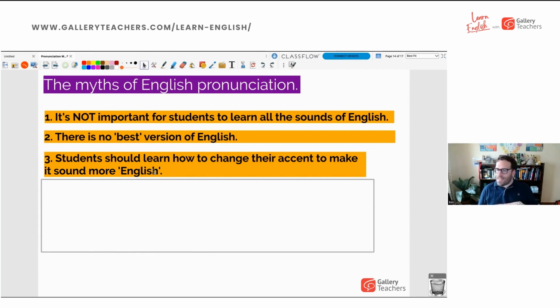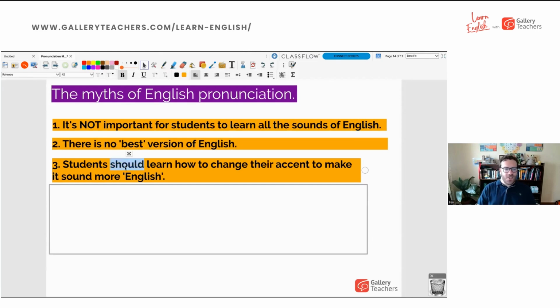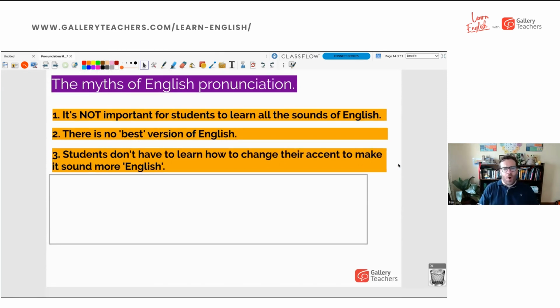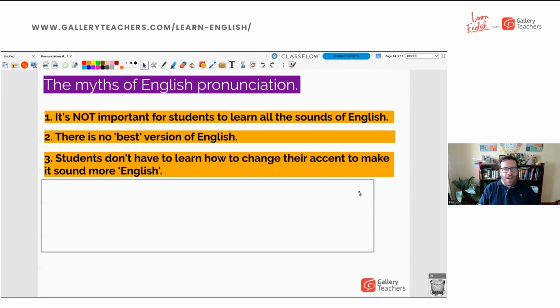If they need to pass an exam, how can we change "should" to make this optional? Not necessarily, may. I'm going to say students don't have to learn how to change their accent. I feel very strongly about this.